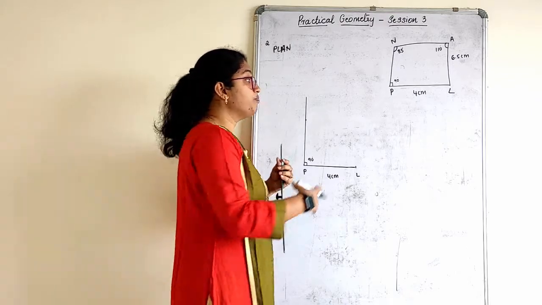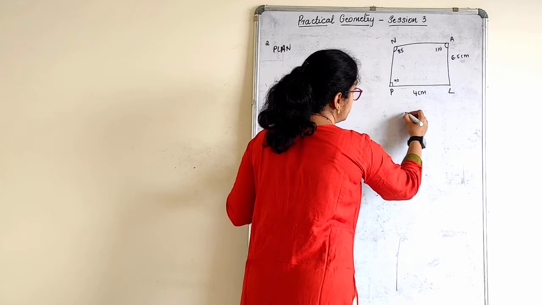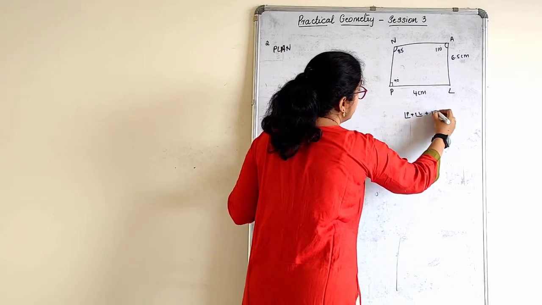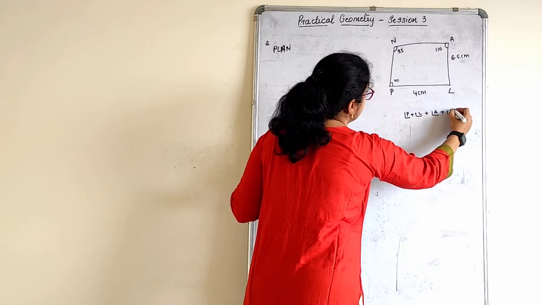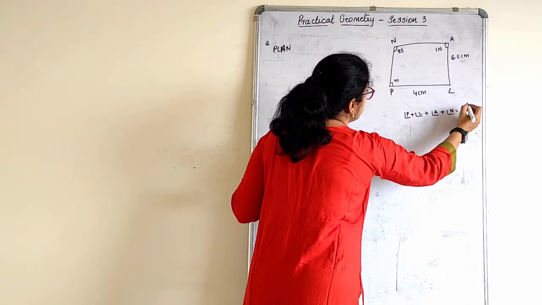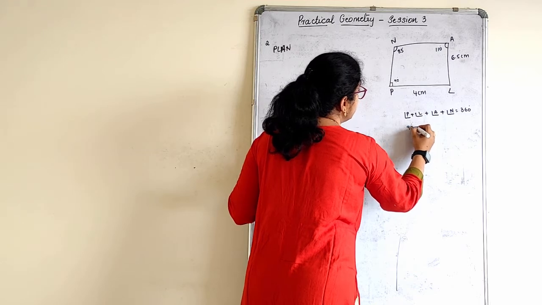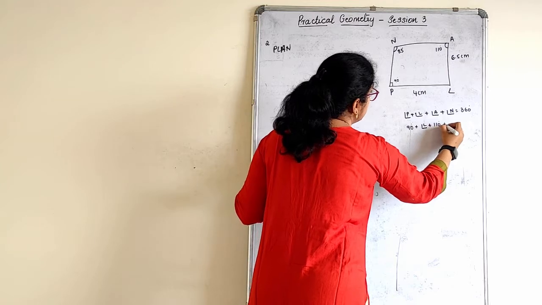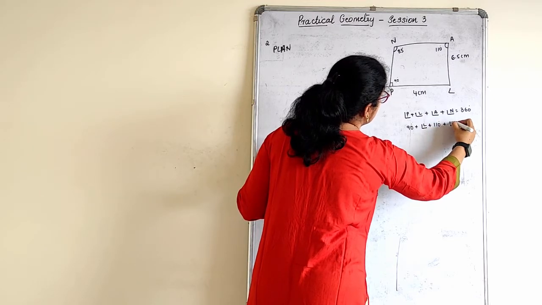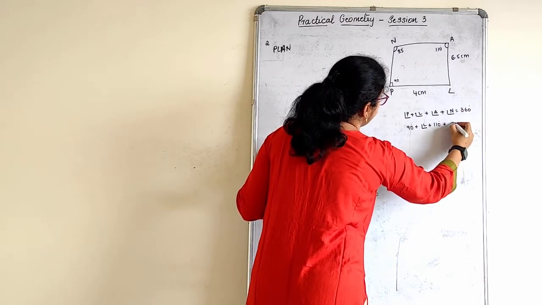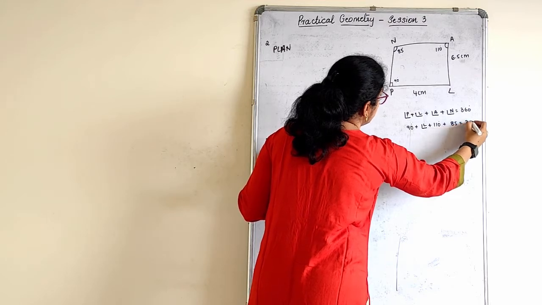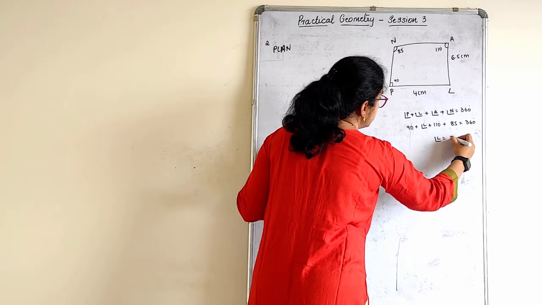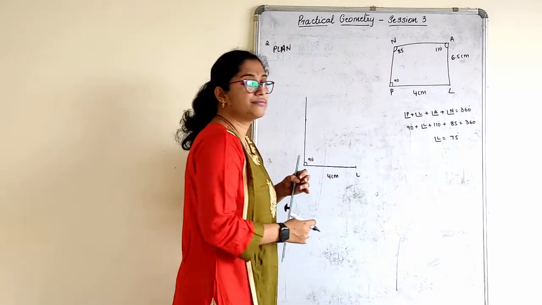So what we will do? In the rough work only, what we can do is angle P plus angle L plus angle A plus angle N is equal to 360 degree. So 90 plus angle L plus 110 plus 85 is equal to 360 degree. When you add this and subtract, angle L is equal to 75 degree, what you get.